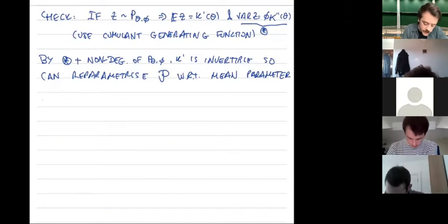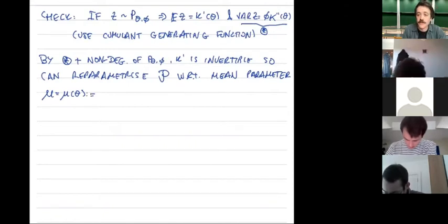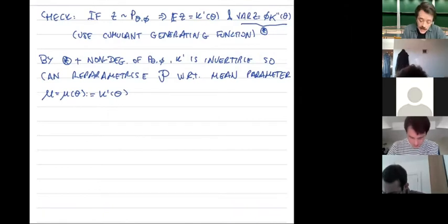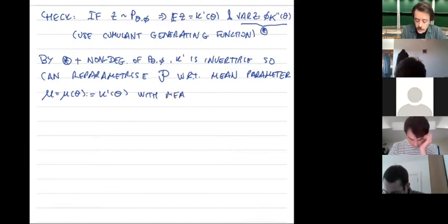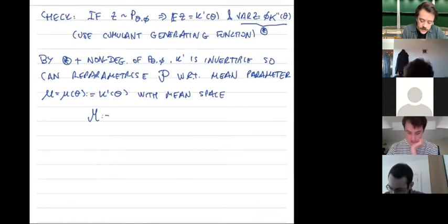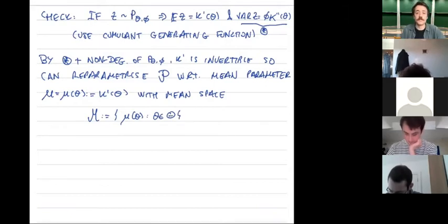The mean parameter, which is this mu, which is going to depend on the theta parameter and is defined as precisely this derivative, because that's the mean, as we said. And this parameter lives in a space that we call the mean parameter space, given by calligraphic M, which is just the images of the thetas through the mu function. So the thetas belong to the natural parameter space.